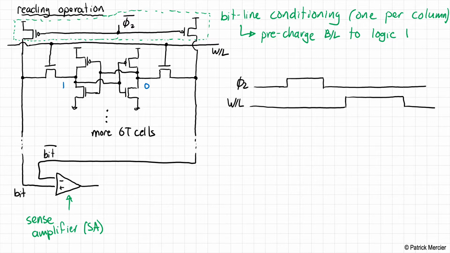So frankly, we don't know what bit or bit bar are equal to before that point in time. Okay, we don't know what they are, so let's just draw them as either 1 or 0, and we're just not sure.